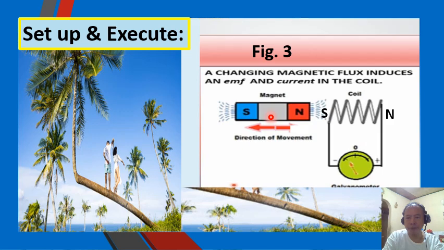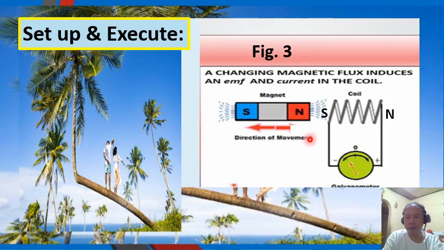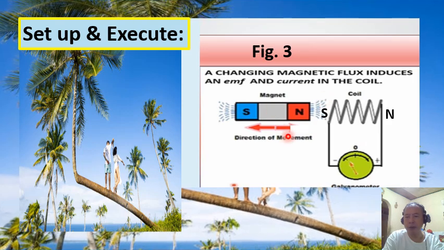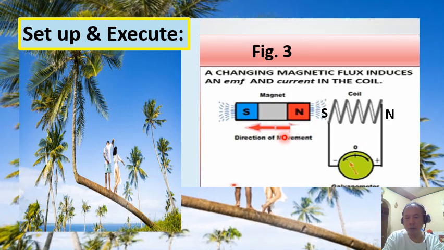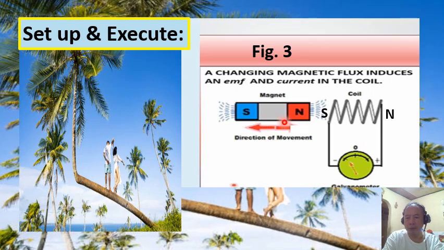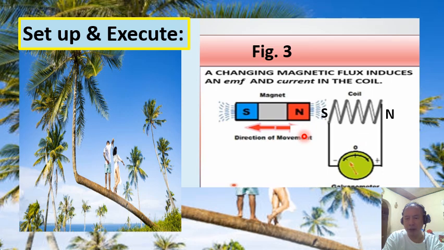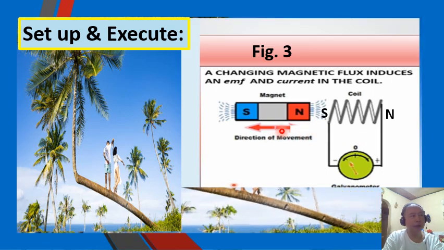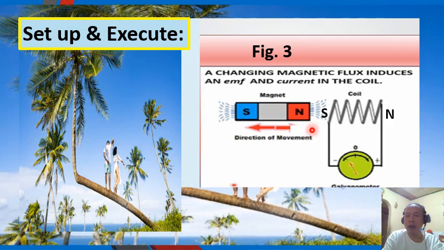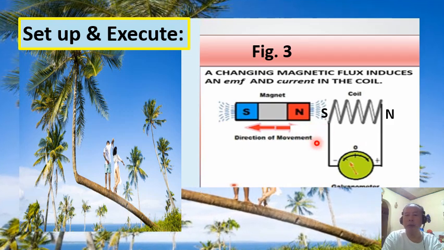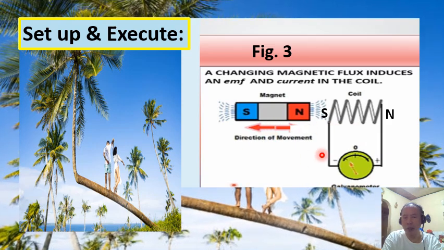So this time we call it figure 3. The original figure, figure 1, illustrates the action of moving the bar magnet towards the coil and away from the coil. But this time we only consider the action of moving the bar magnet away from the coil.